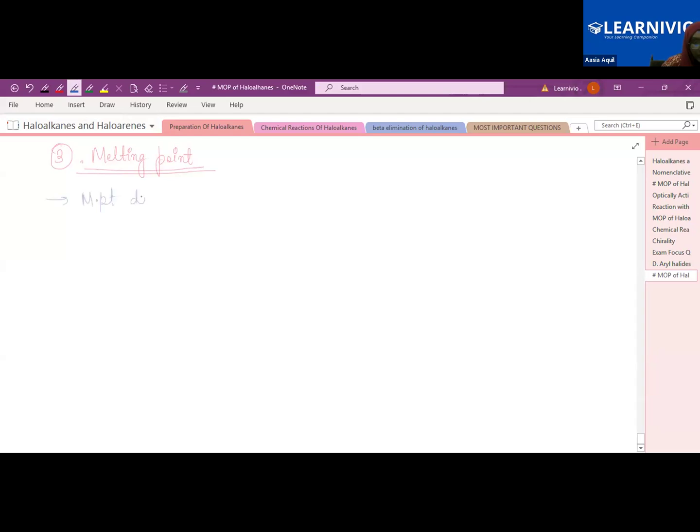Melting point depends on two factors. First one is your intermolecular force of attraction, which is directly proportional to dipole moment. More the dipole moment, more will be the intermolecular force of attraction and more will be the melting point.